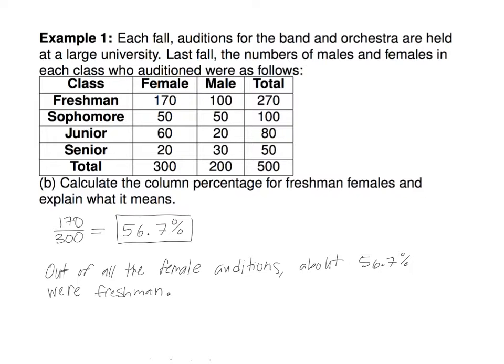So the first one was an example of a row percentage. This is an example of a column percentage. Does that make sense? Okay.